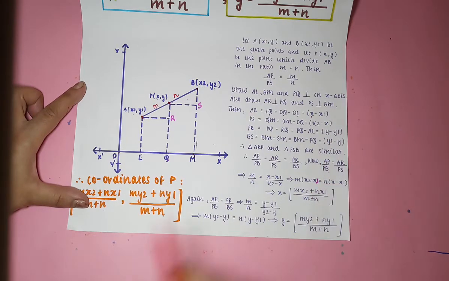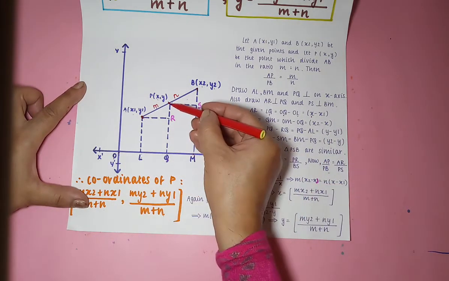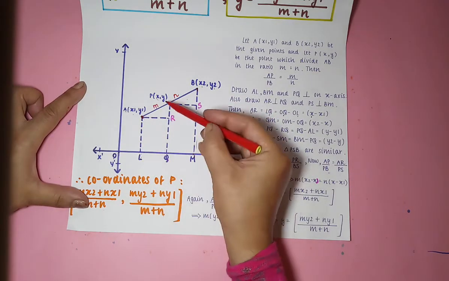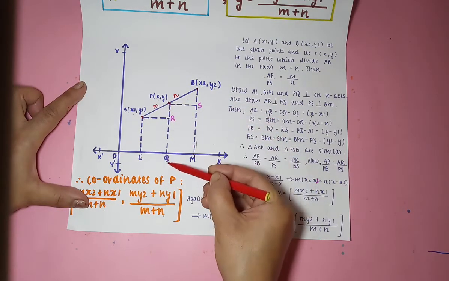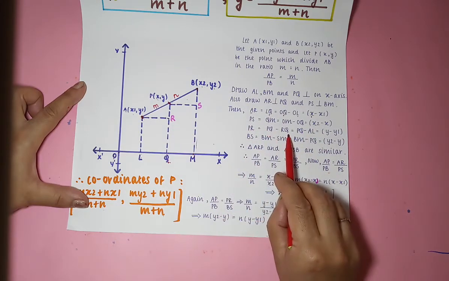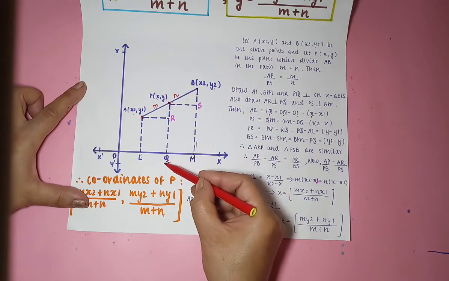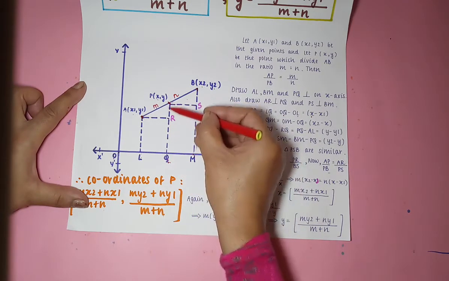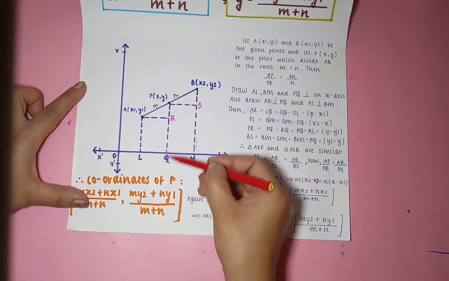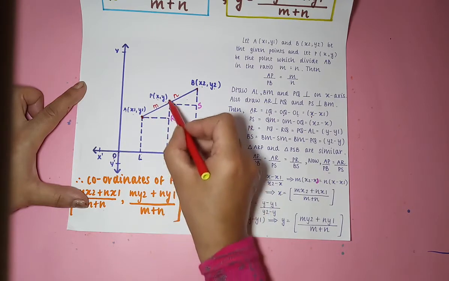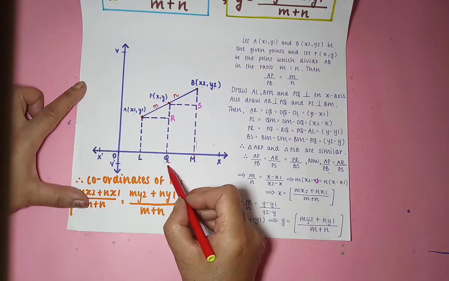Fine. Now, we will calculate the distance PR. Now, this is along the y-axis, right? PR distance, isn't it equal to PQ minus RQ? Let's see how much is PQ. PQ, isn't this equal to y, because it is represented by point P itself, and the y coordinate of point P represents this PQ distance, and how much is that? y.